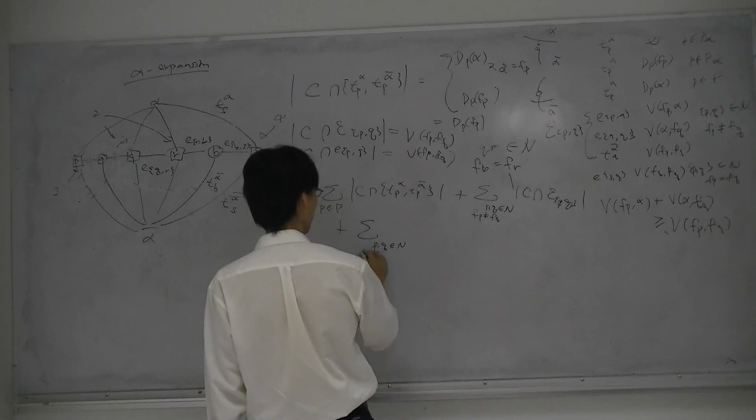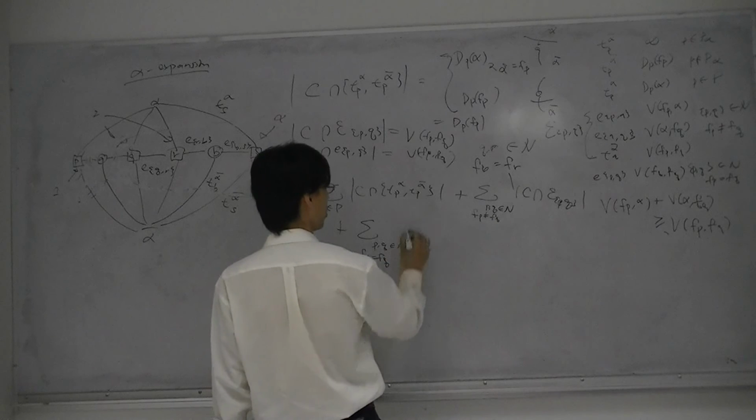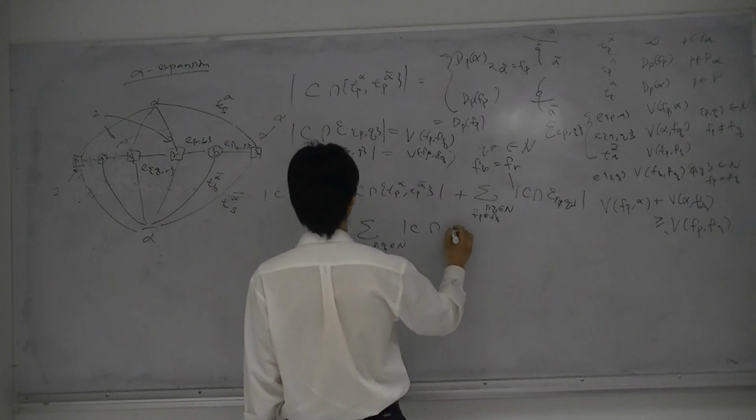Again, it's in the neighborhood, but FP is equal to FQ.